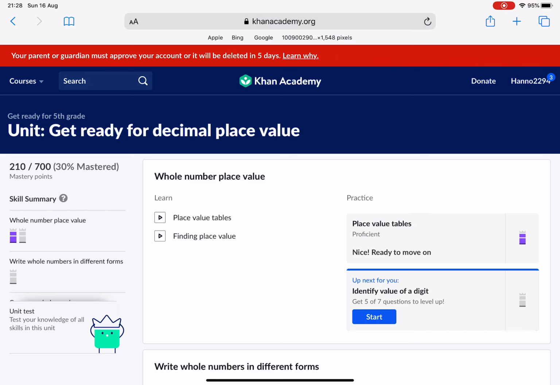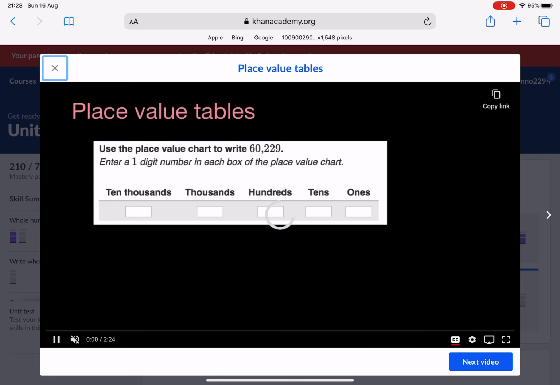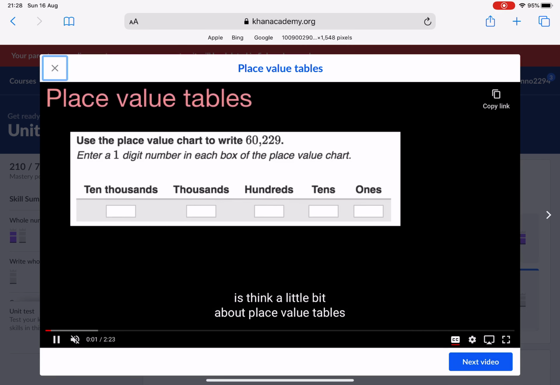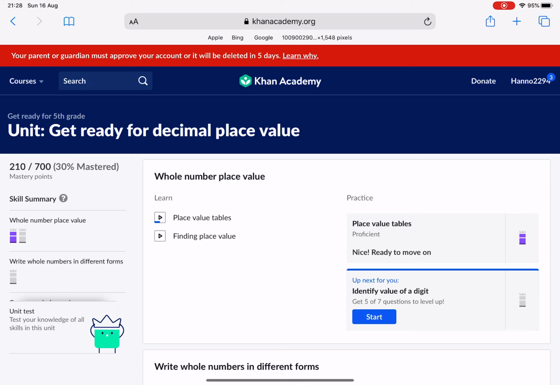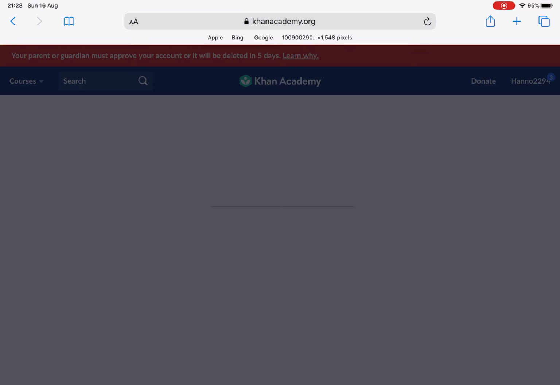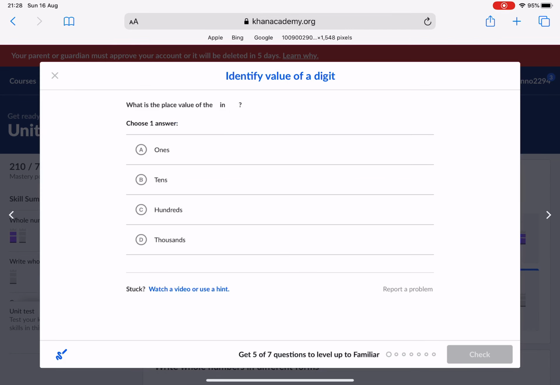Place value tables. Let's learn about that. We're going to get started. What's 5 in the 956? So 5 is in the tens place.